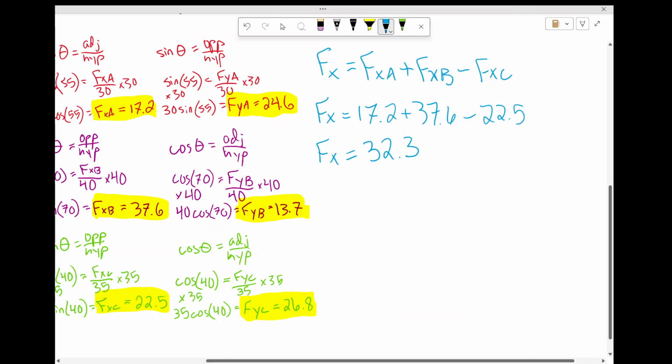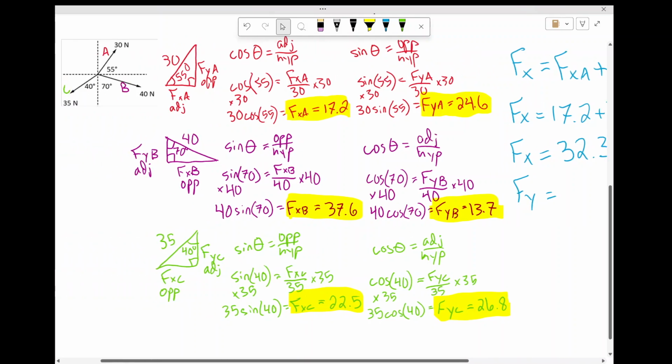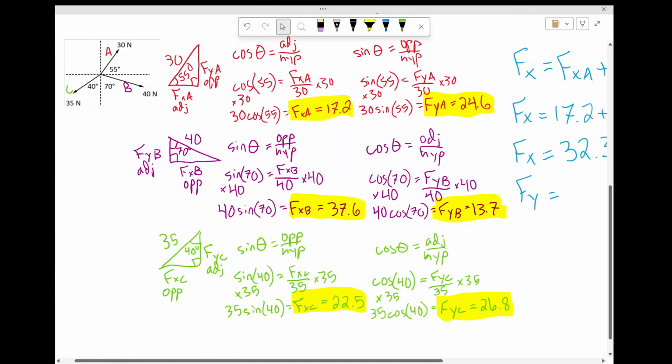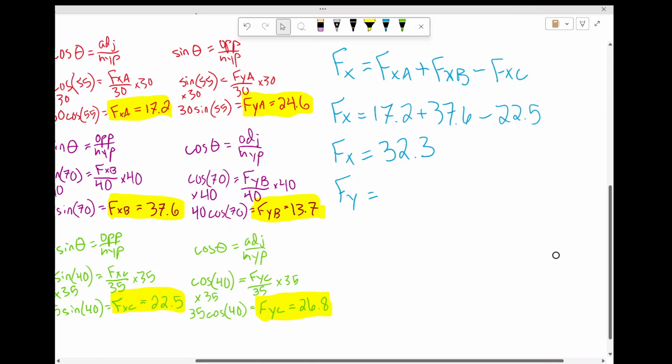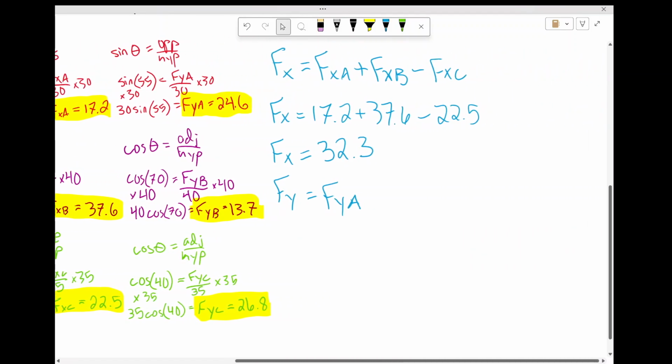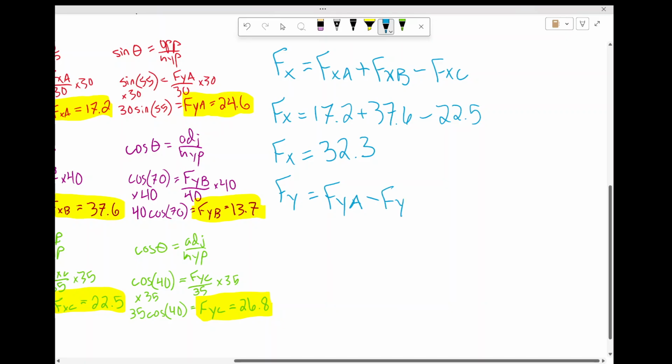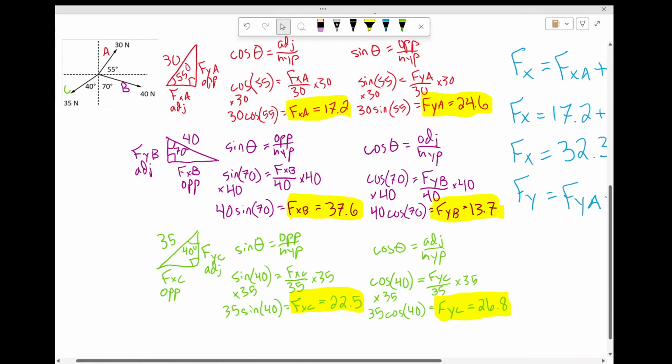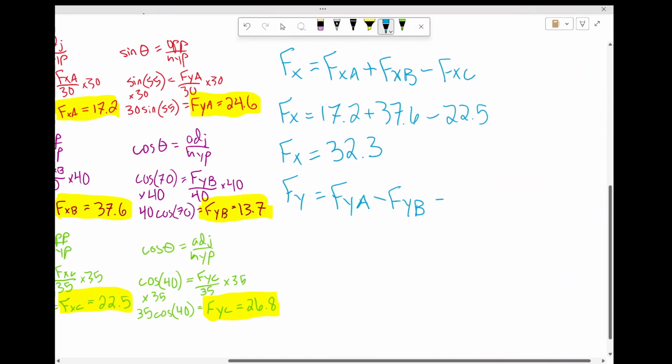Okay, now for the y components, let's look at what these would be. So Fya is positive, so we'll do Fya. Fyb is negative, so minus Fyb. And then if we look once again, Fyc is also negative, so minus Fyc.